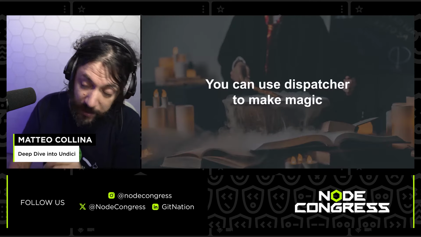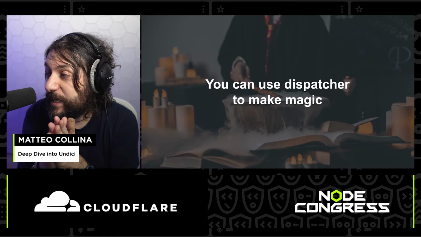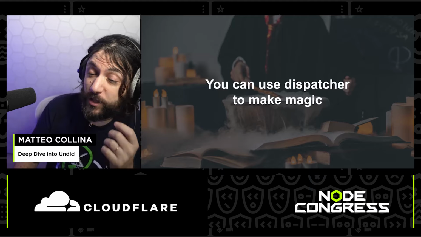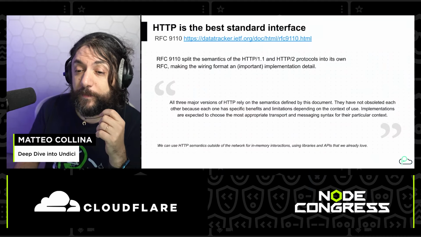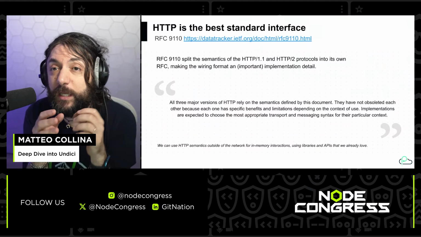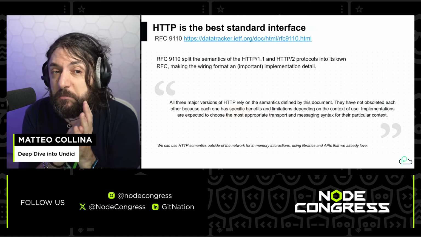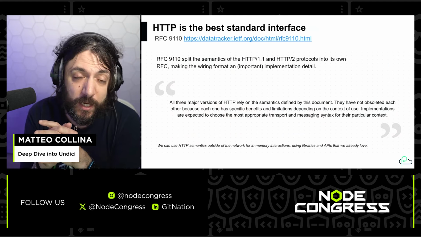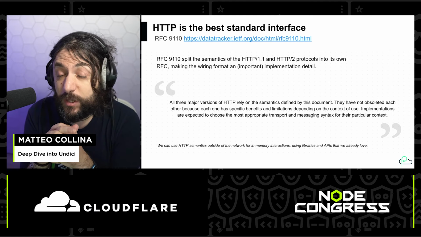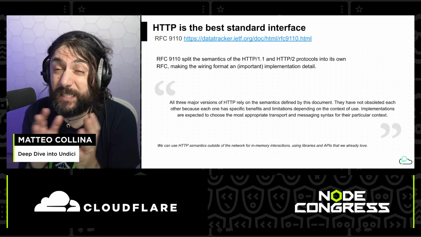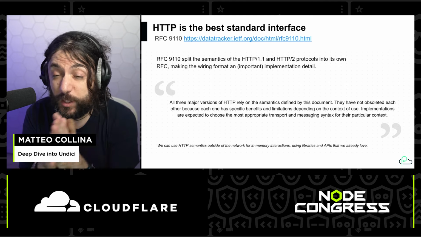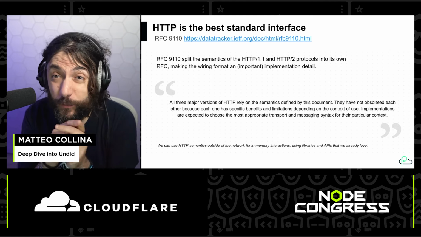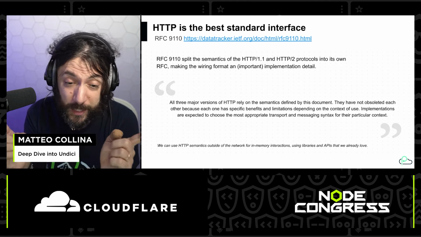So all of this means that you can use the dispatch logic also to make some magic, okay? So in fact, because of how this works, the new HTTP RFC 9110 splits the semantics from the transports of HTTP/1 and HTTP/2. So basically, the wire format is now only an implementation detail.